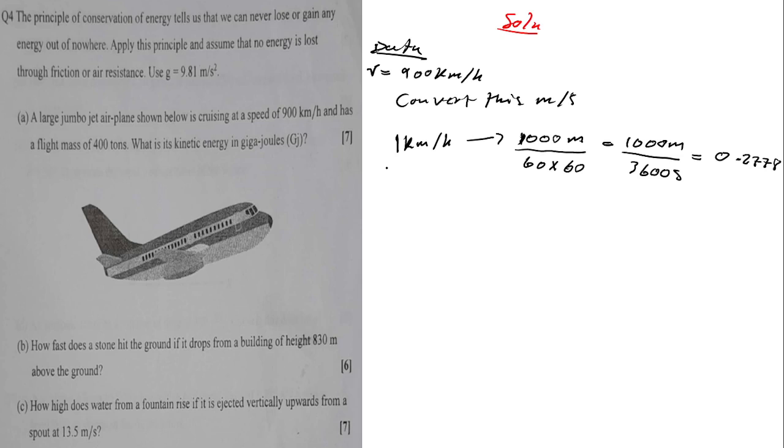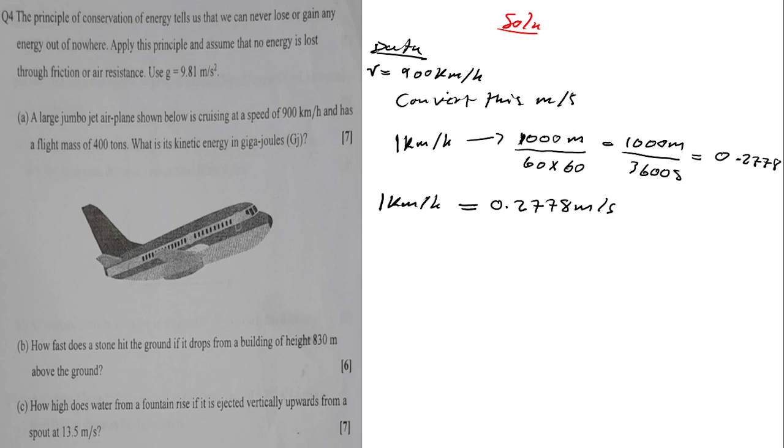So 1 kilometer per hour is equal to 0.2778 meters per second. This is the part which you are supposed to show.